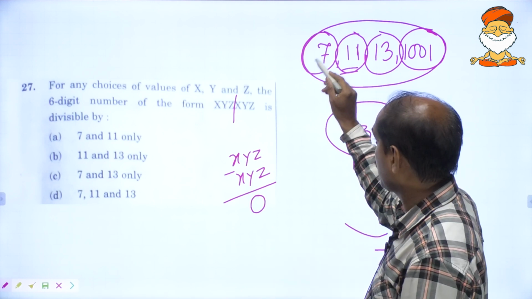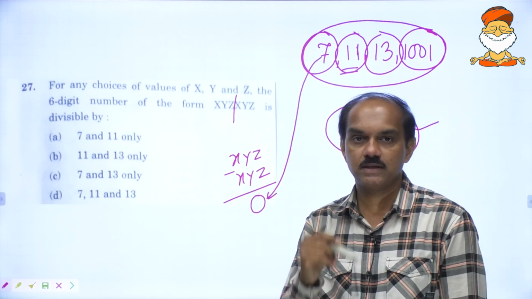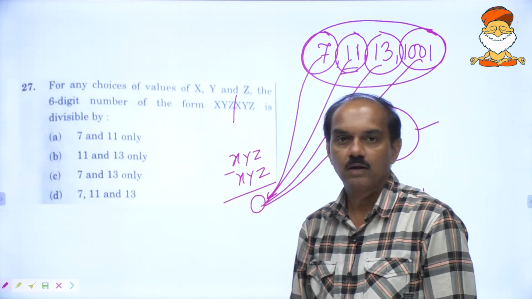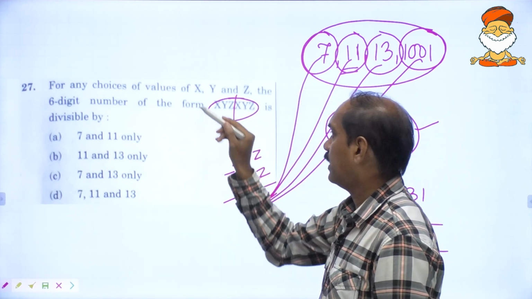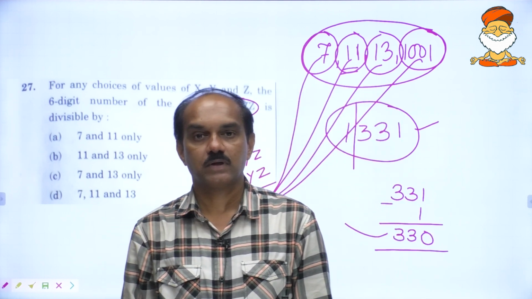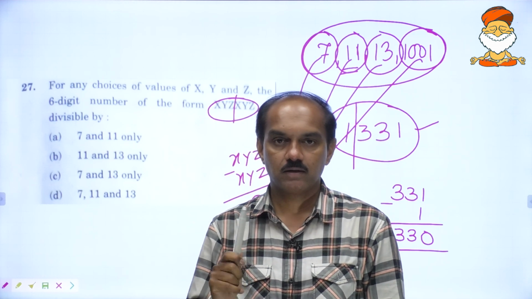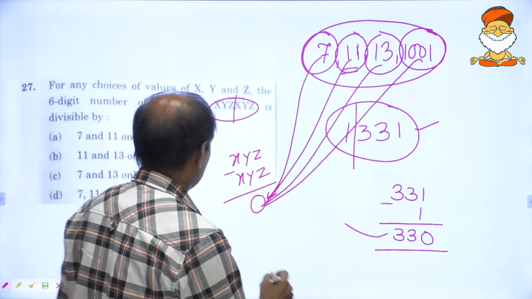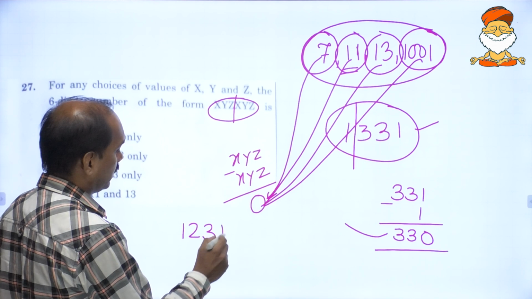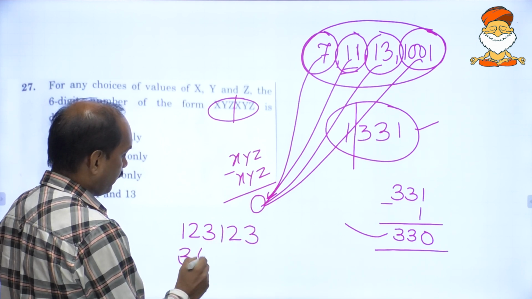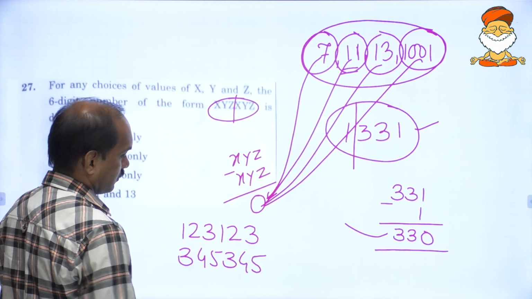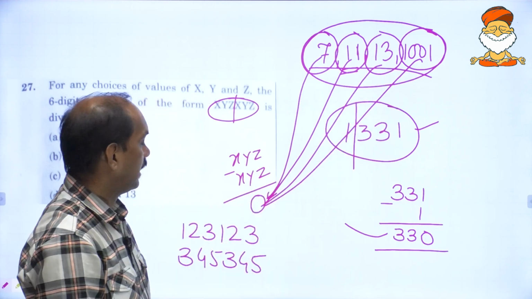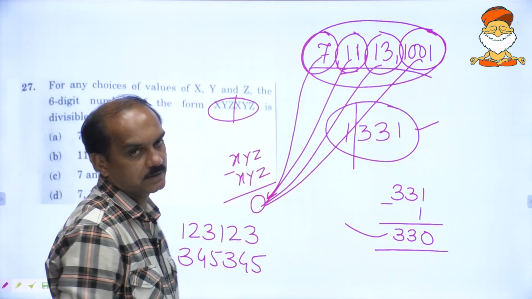And my dear friends, 7 can divide 0. 7 zeros are 0, 11 zeros are 0, 13 zeros are 0, 1001 zeros are 0, meaning this is divisible by all the numbers 7, 11, 13 and what else? 1001. I will give you one simple example. 123123, 345345. You check these numbers' divisibility by these numbers, and all these numbers can divide these numbers.